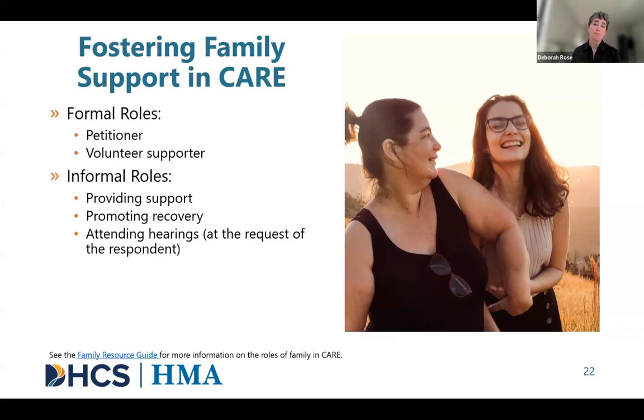And then whenever possible, and at the respondent's request, to accompany the person to care hearings and to other touch points throughout the process. We do have a family education and support resource guide, which has lots of really valuable information. And so you can find that at our website, care-act.org, for additional information.